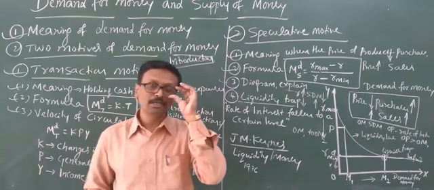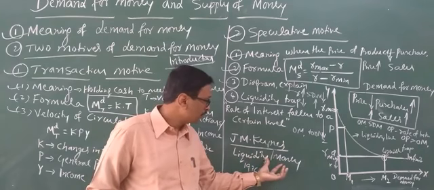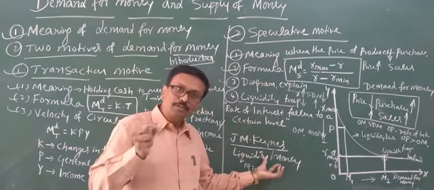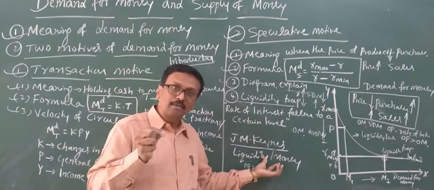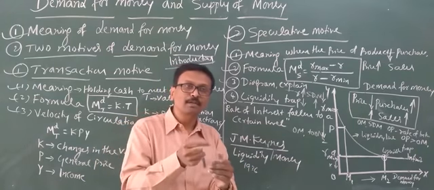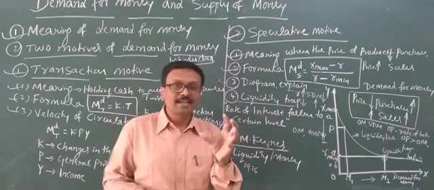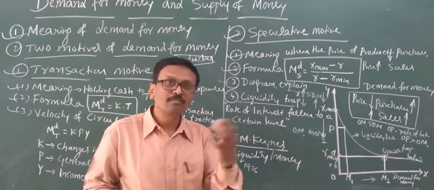According to John Maynard Keynes, liquidity is nothing but the demand for money. The rate of interest is a reward for the sacrifice of liquidity at a particular point of time, a sacrifice of money.